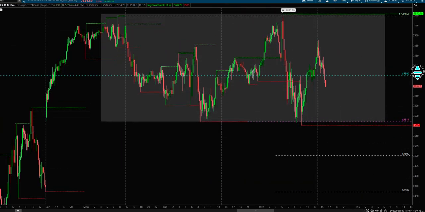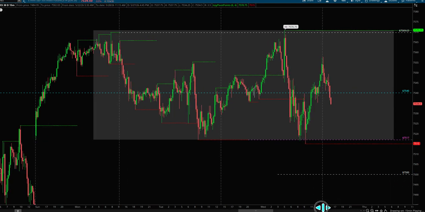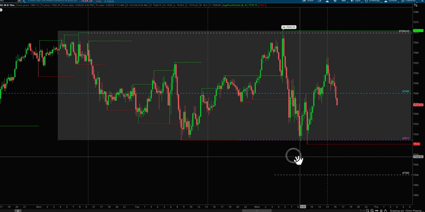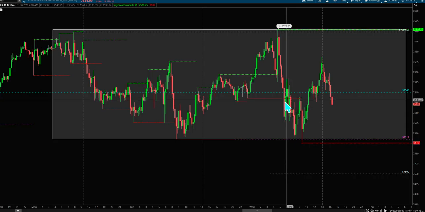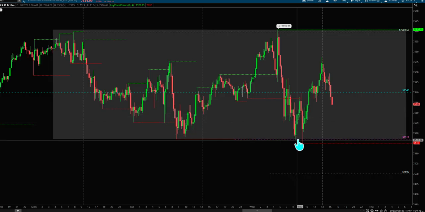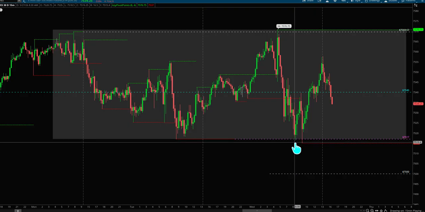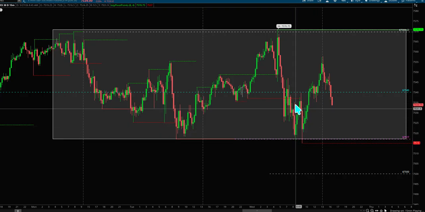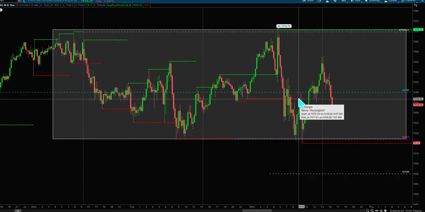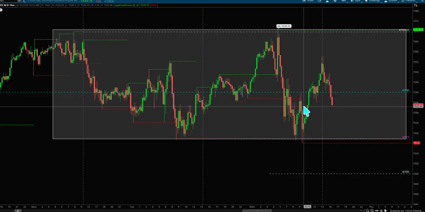Okay, and if we zoom in at the cash open, the market eventually failed to hold above 75.40, which set up the market to test 75.17. Perfect support. We got a nice bounce off it.